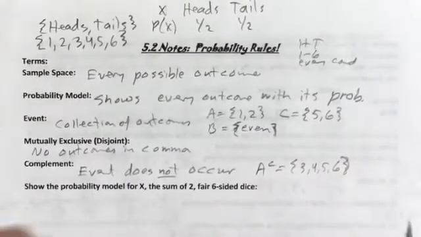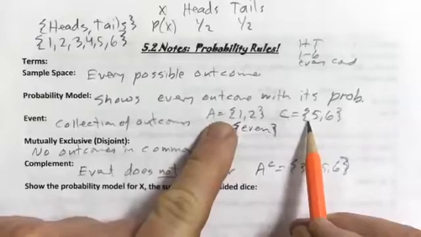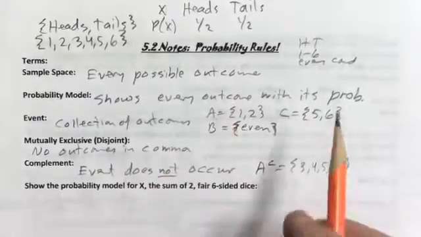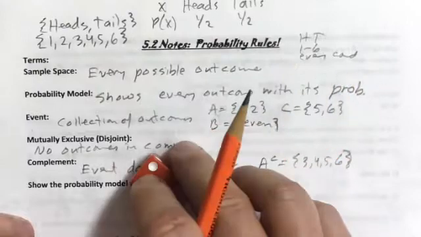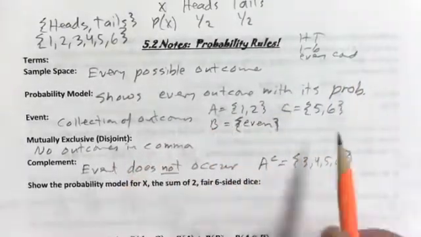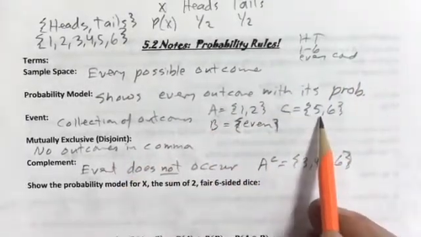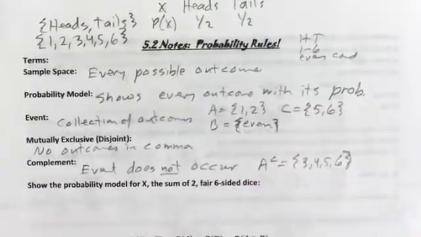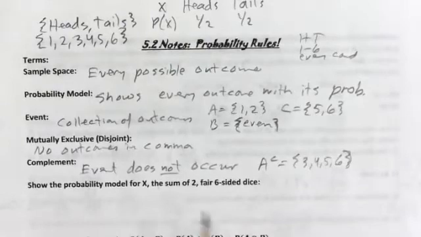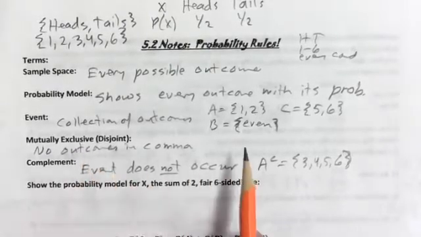So events A and C have no outcomes in common. If I rolled a die and event A occurred, 1 or 2, C could not have occurred. So they exclude each other. There's no overlap. If one occurs, the other could not have occurred. We're going to call that mutually exclusive.